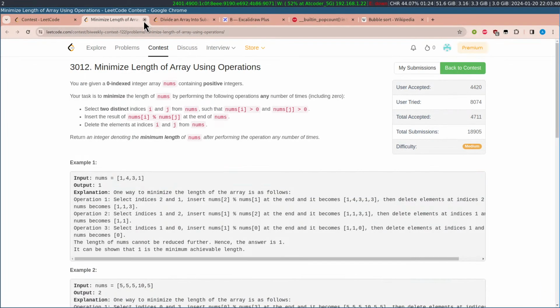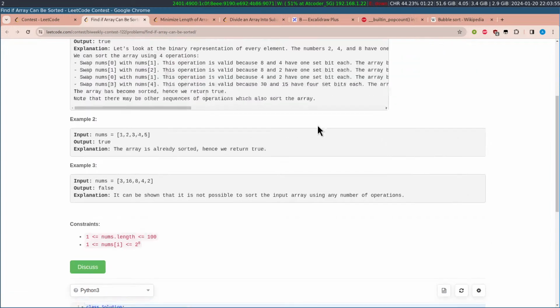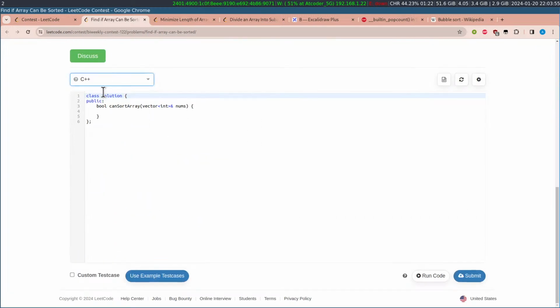Now I will move on to the third problem. It says minimize the length of array using operations. Can I provide C++ code? I can code the same in C++ as well.